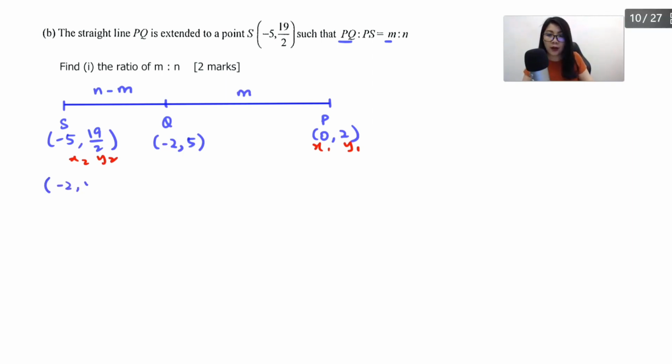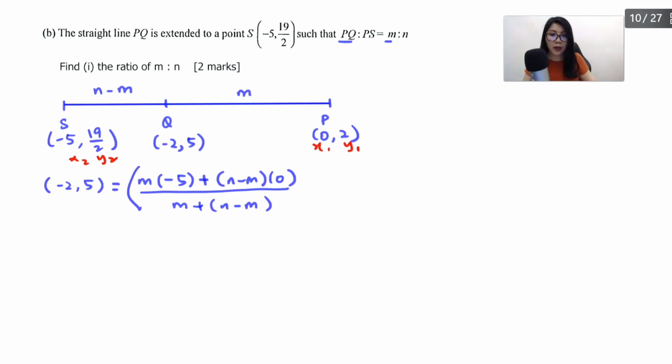So (-2, 5) will be on the left, equals M times -5, plus N minus M times 0, and then we add the ratios together: M plus N minus M in a big bracket. Then comma, M times 19/2 plus N minus M times 2, over M plus N minus M.